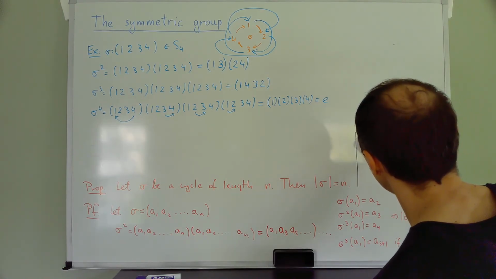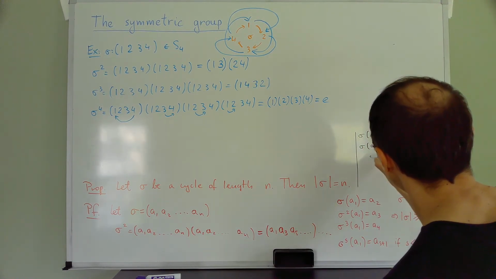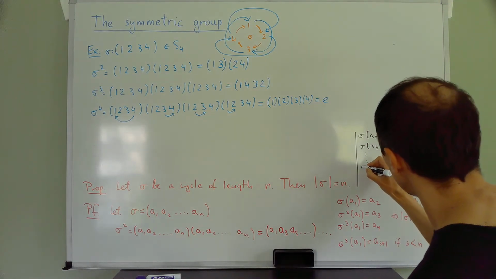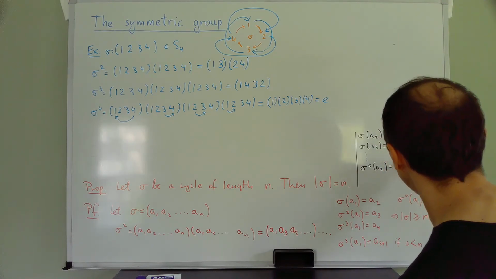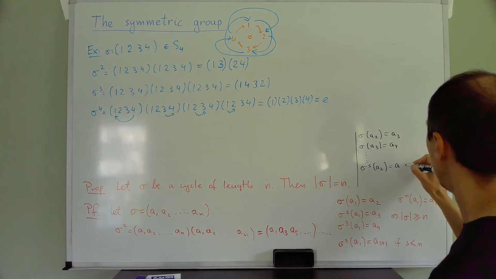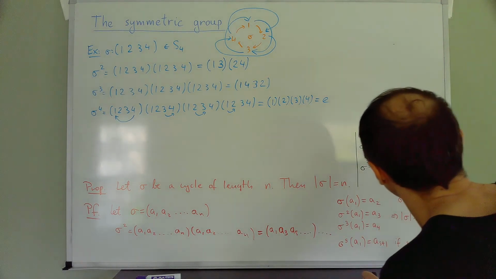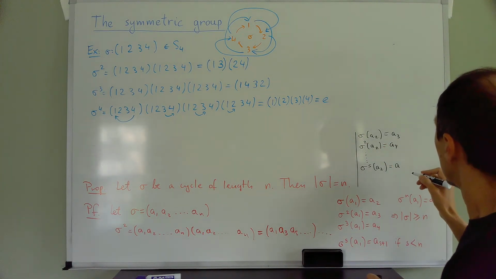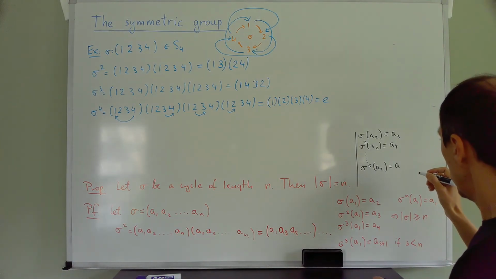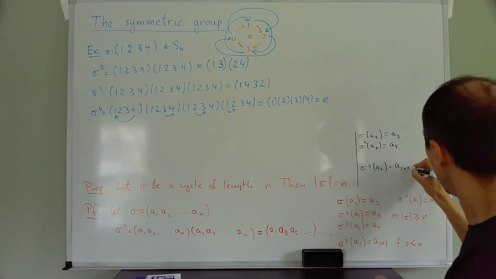But you can just as well look at what happens to, say, a2. Sigma of a2 is going to be a3. Sigma of a3 is going to be a4. And so on. So it's the same exact thing that's happening. Sigma to the s of a2 would be... sorry, this was sigma squared. Sigma squared of a2 is a_{s+2}.